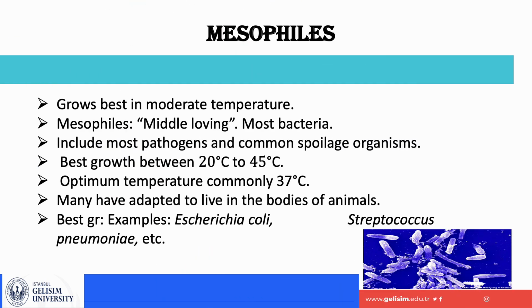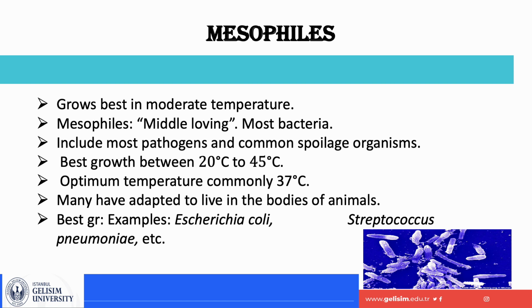Mesophiles are microorganisms that grow best at moderate temperatures that range from 20 to 45 degrees centigrade. Commonly, they're referred to as middle-loving organisms. Now, most bacteria, including many pathogens and common spoilage organisms, are mesophiles. The optimum growth temperature for mesophiles is typically around 37 degrees centigrade.